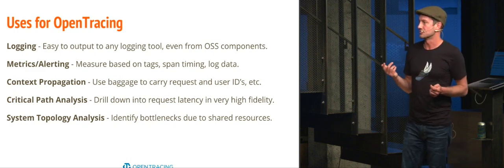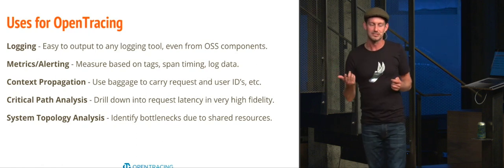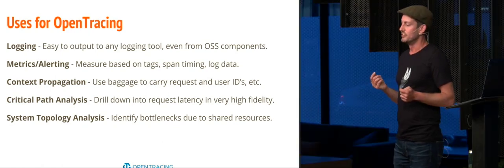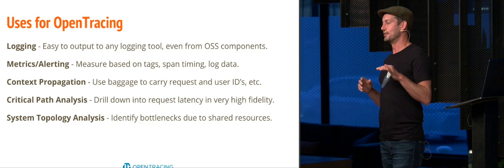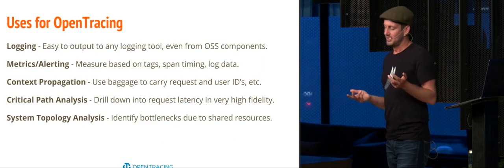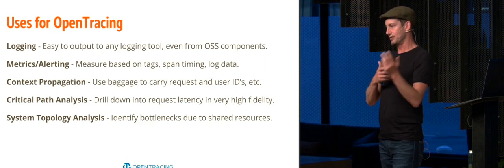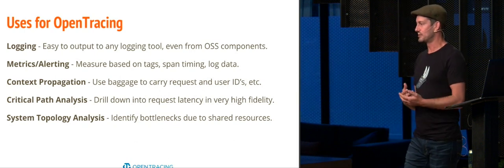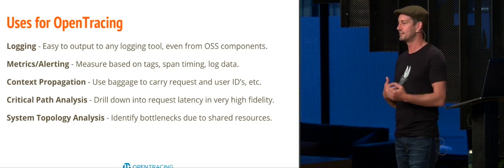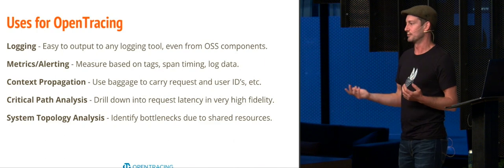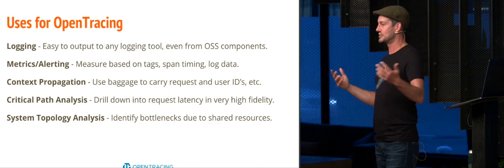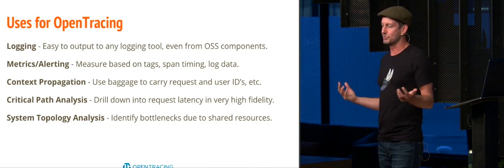Another growing use is what I call system topology analysis, where the issue you're facing with things being slow is not that the particular code involved with that particular request is slow or inefficient, but rather that request, when it runs, is running on shared machines using shared resources with other requests.